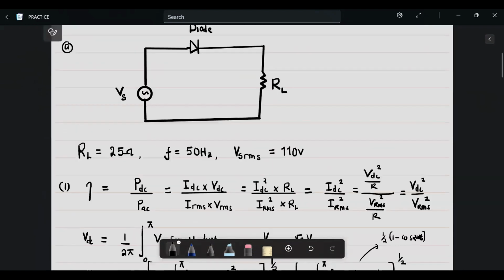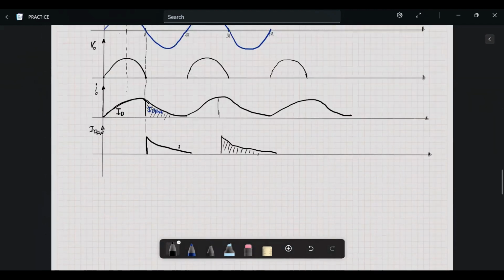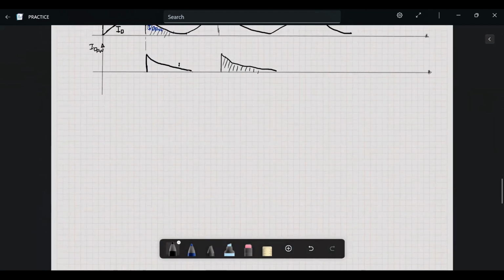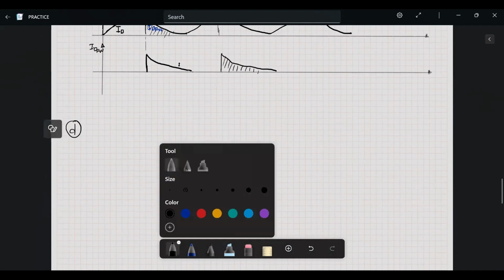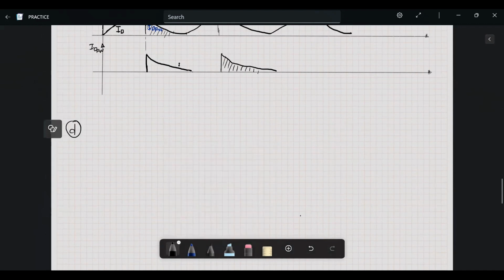This is question number D. So we have a 3-phase source, and we just draw a 3-phase source. I'm going to say this is 3-phase, according to me. So this is a 3-phase source.